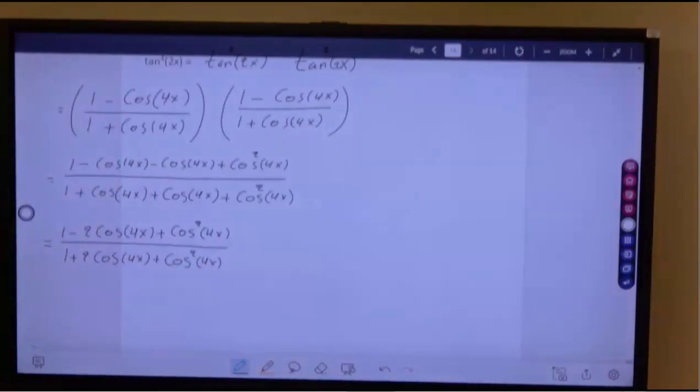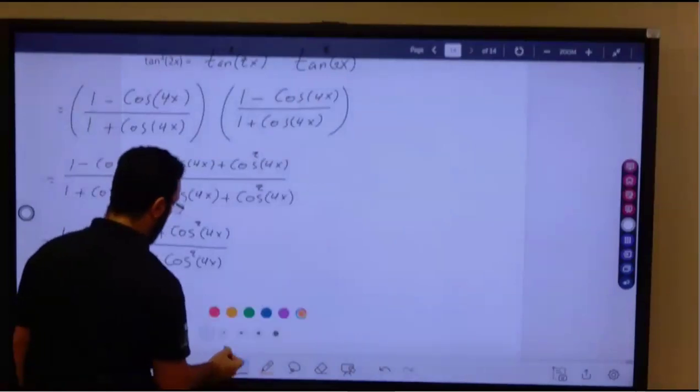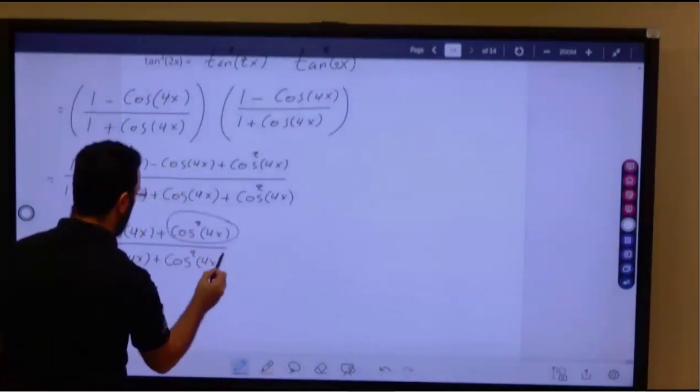Then I'm going to go back and use the formula only on this part because it's squared.